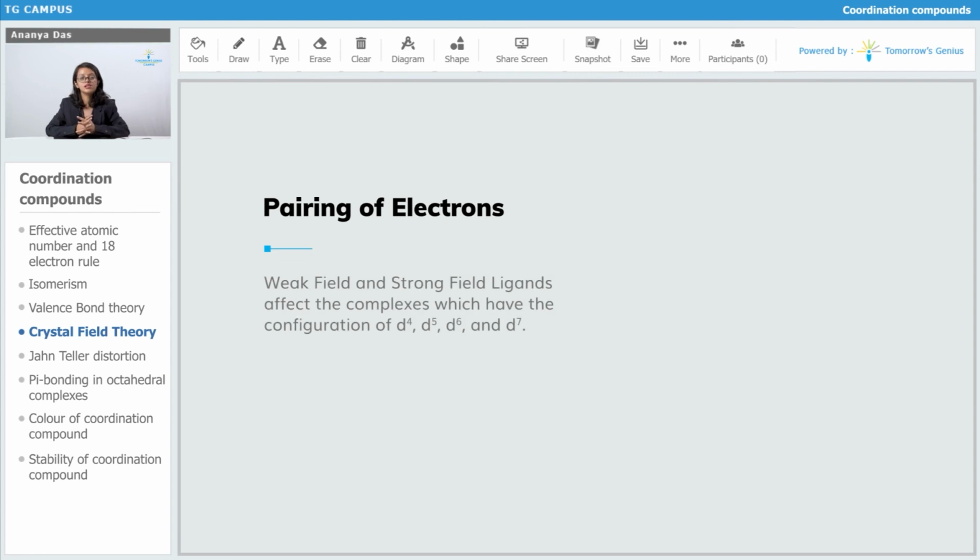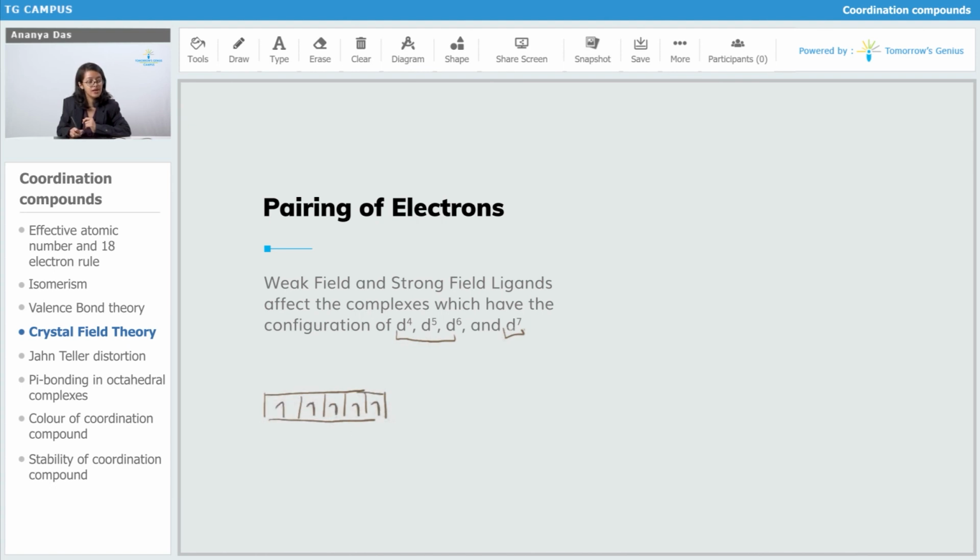The weak field and strong field ligands affect the d orbital configurations of d4, d5, d6 and d7. That is, d4, d5, d6 and d7 can pair up. This is d5.